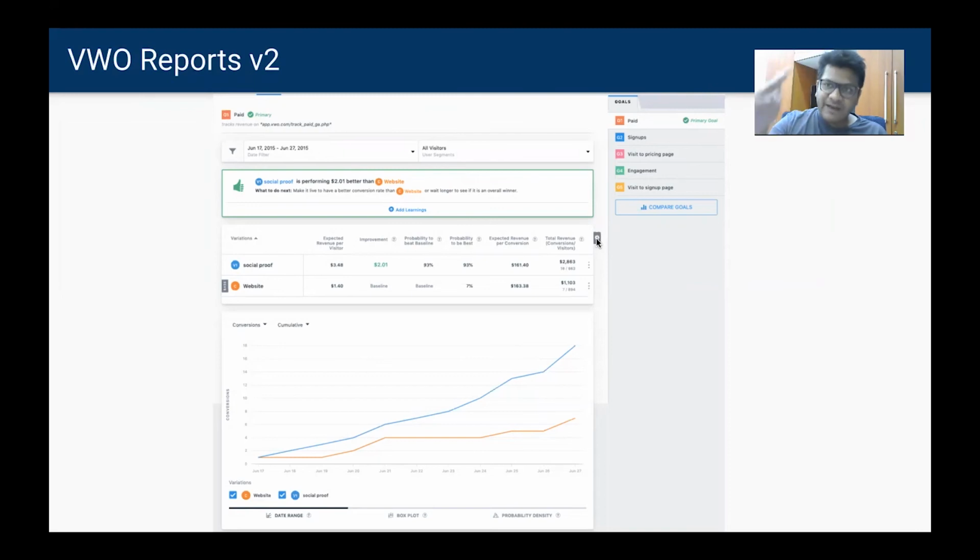If you want to see the graph first or the numbers first, we also have a lot of numbers that are very specific to our advanced users who know statistics, and they can introduce those numbers in these reports. You can compare goals, you can put in your segments, and slice and dice as much as you want, and add learnings while you're doing so.